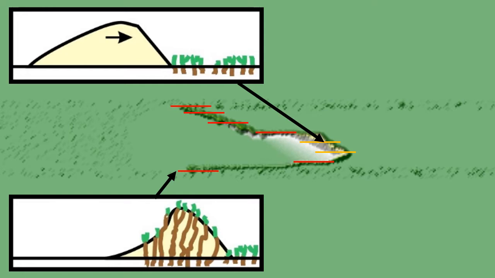And as we get further along in the simulation, only two dune slices here are still active. The center of the dune continues to migrate as the dune slices on the edges successively stabilize inward.